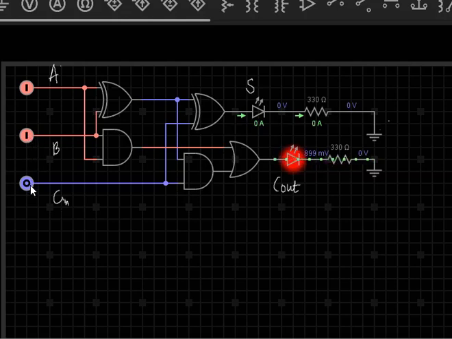Then the last one, 1, 1, 1, in that case both outputs are high, sum and carry are high.